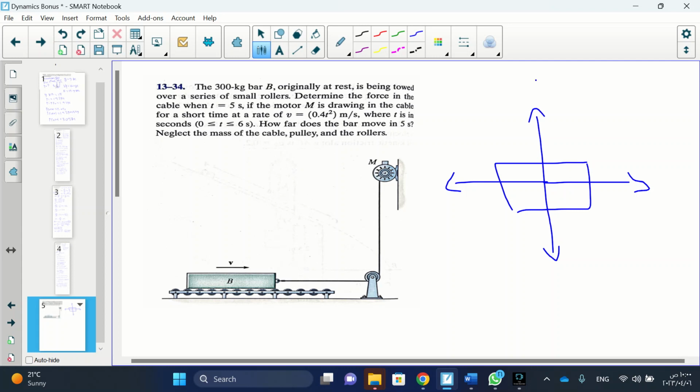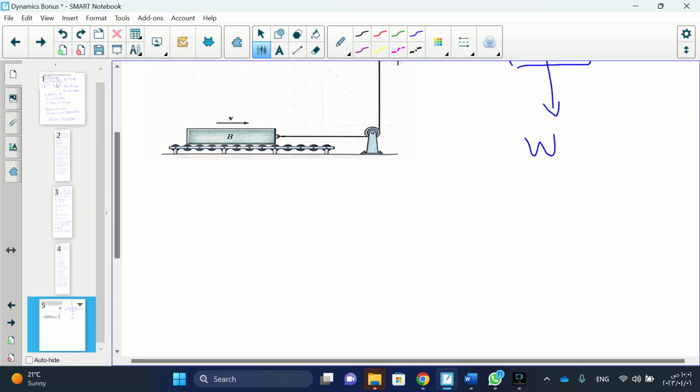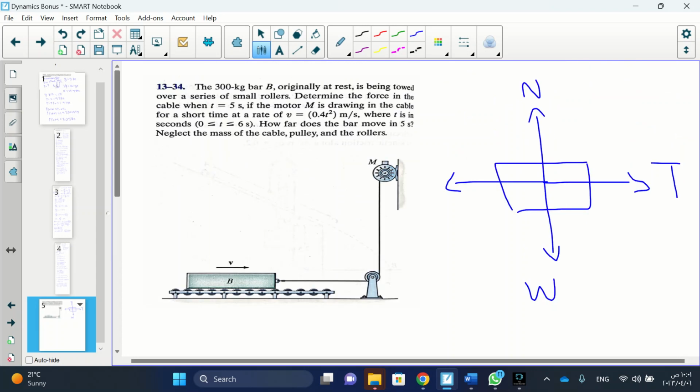Here we have the normal force, here we have the weight W, and here we have the T. Because it has rollers, there is no friction, it's frictionless, so we don't have anything on the left side of the x-axis. So this is the free body diagram.